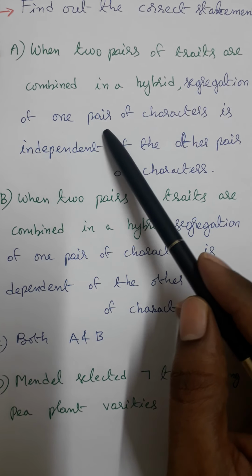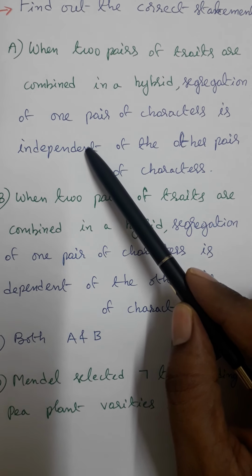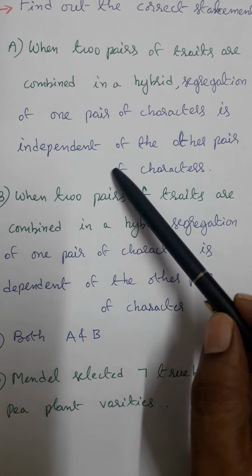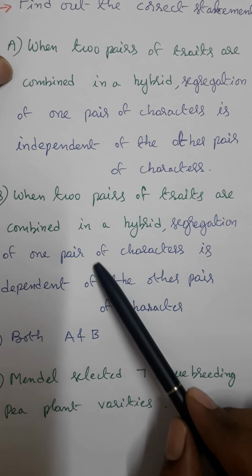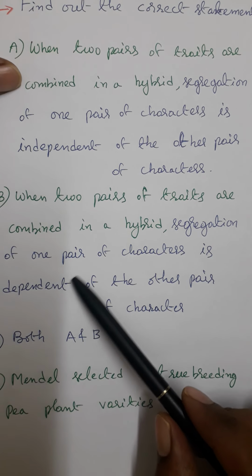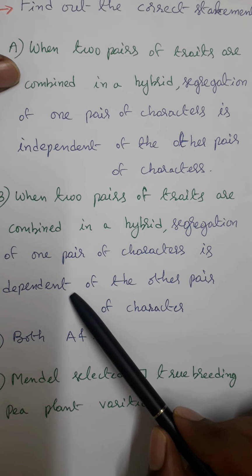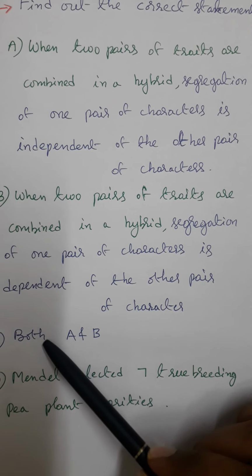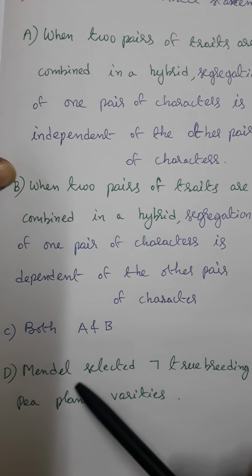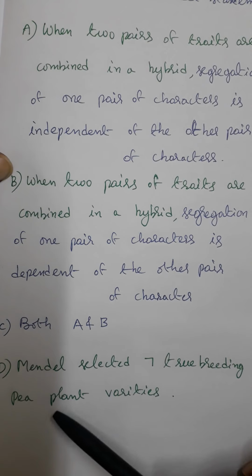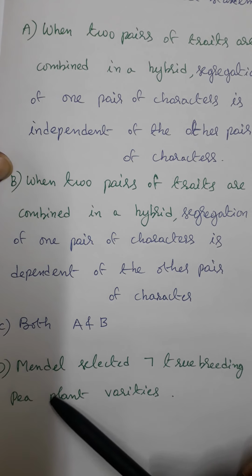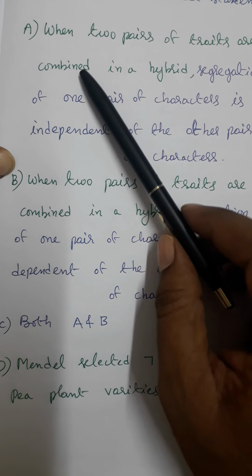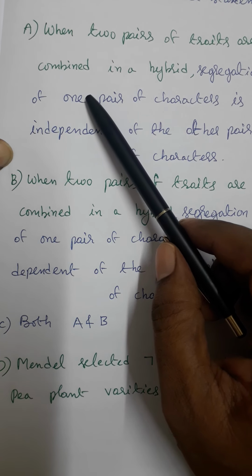In A it is independent: the segregation of one pair of characters is independent of the other pair, whereas in option B, segregation of one pair of characters is dependent on the other pair. Option C, both A and B. And option D, Mendel selected 7 true breeding pea plant varieties. So here option A is the correct answer.